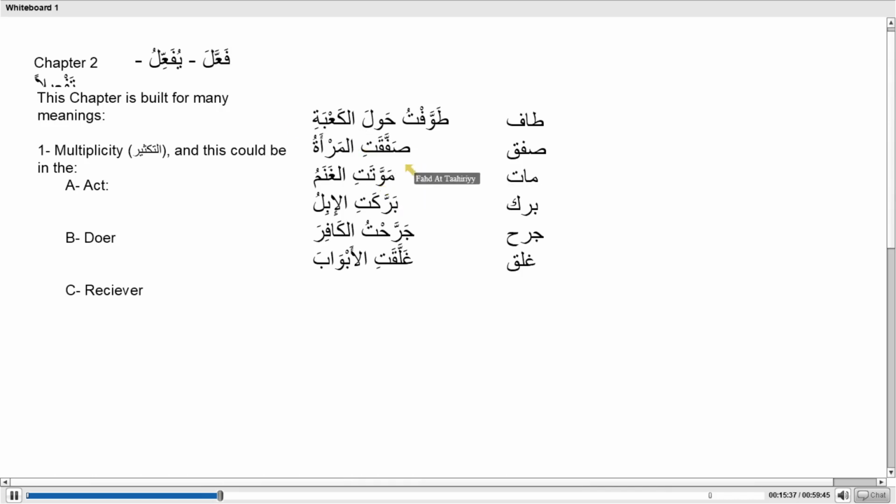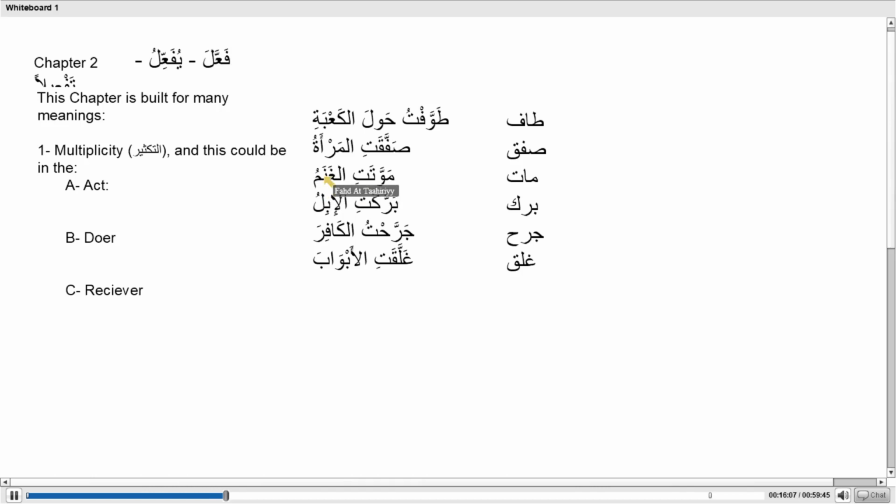Okay. Now, al-maut. You say, ماتت الغنم. ماتت الغنم. If you say ماتت, what does it mean? That means الغنم. Okay.